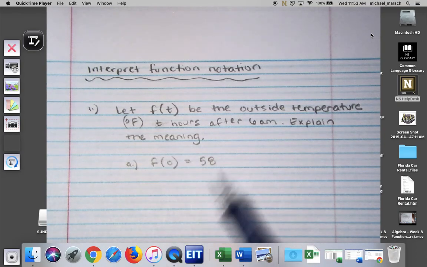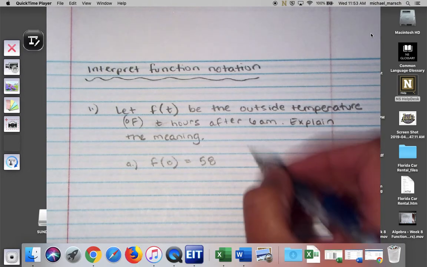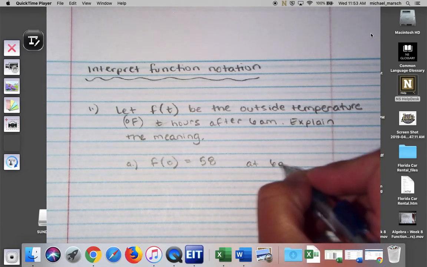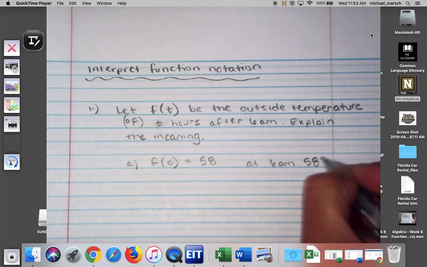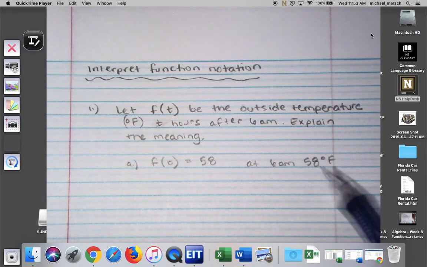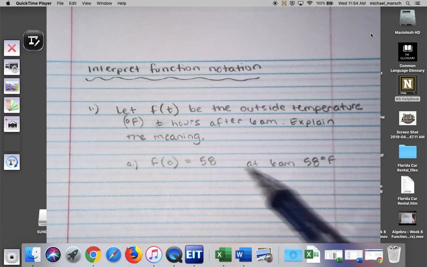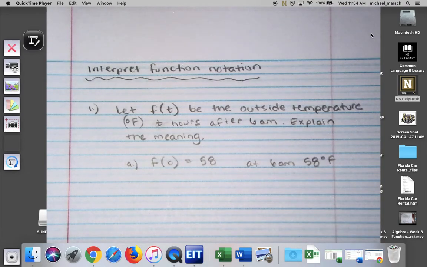What does this actually mean? Allie? 58 degrees Fahrenheit, right? So this actually means at 6 a.m. it's 58 degrees. Because if we don't have any time after 6 a.m., that's just the temperature at 6 a.m.